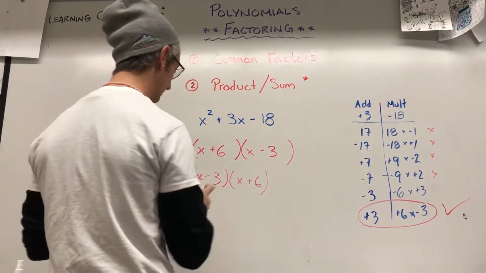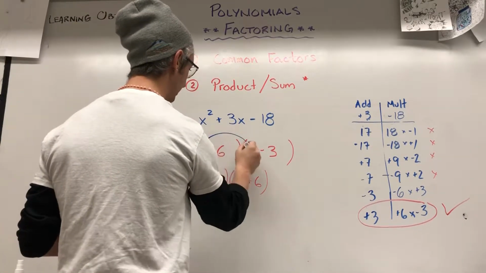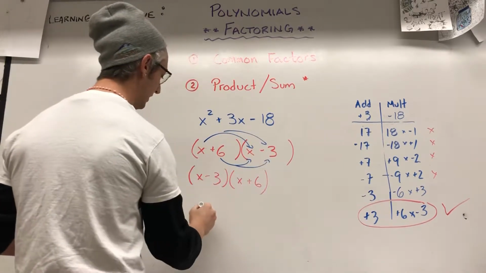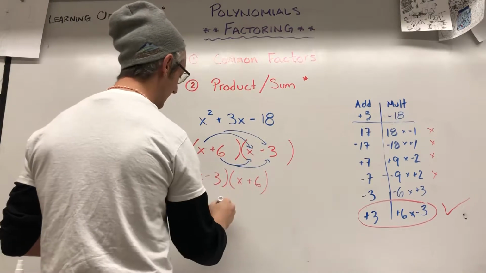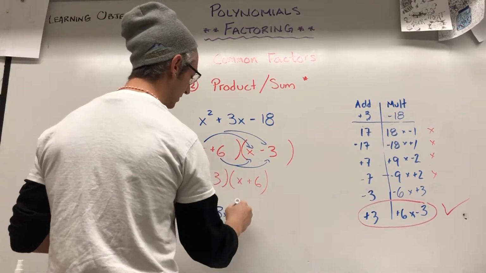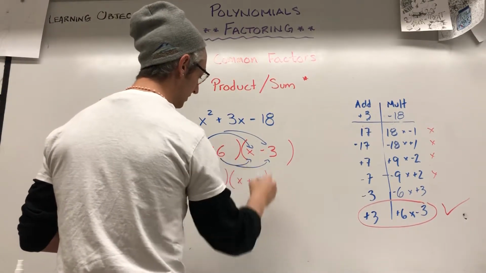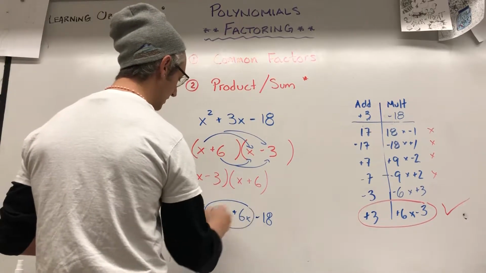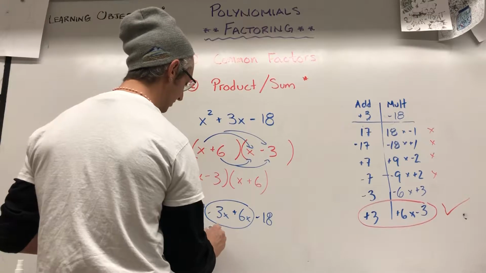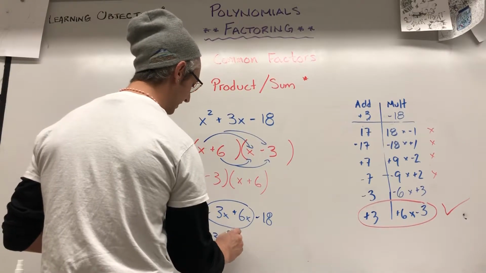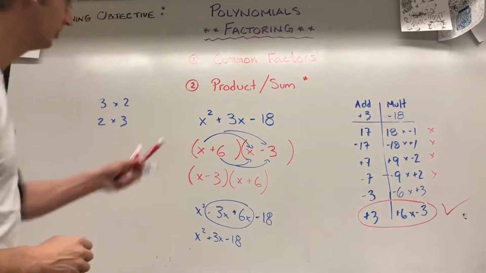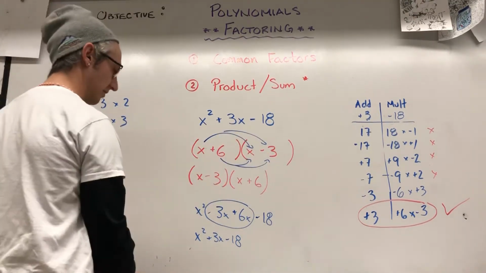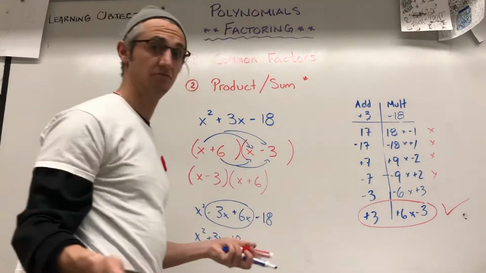And then if I go through and do the multiplication here, I get x squared minus 3x plus 6x minus 18. Those combine to give me a plus 3x minus 18, which is correct. So I did my factoring. These are correct factors. Okay, not so bad.